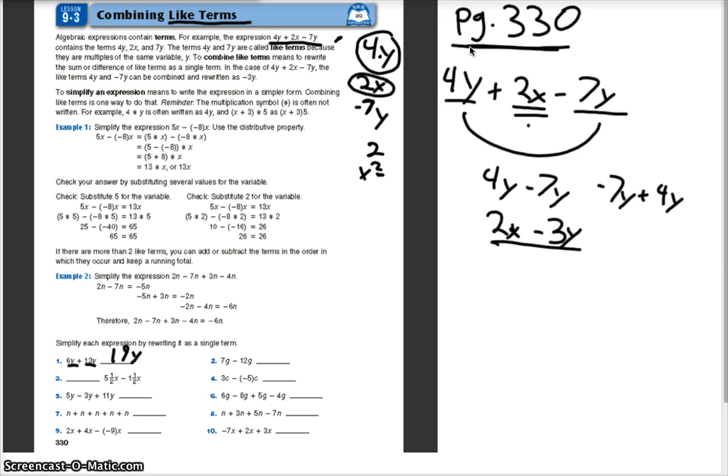You're really looking at your variables. If you have similar variables, then you can combine them into like terms. However, if you have different variables, you cannot. So let me think of just another example off the top of my head. I'm going to do 10x minus 7y plus 4 minus 2x minus y.